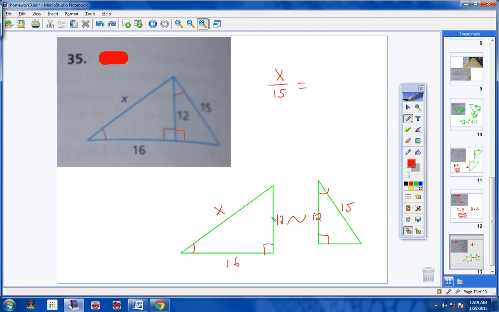X over 15 equals 16 over 12. I could reduce this fraction, but I'm just going to use my calculator. 12 times x is 12x, and 16 times 15 would be 240. Divide both sides by 12, and x equals 20. Okay? And there we go.